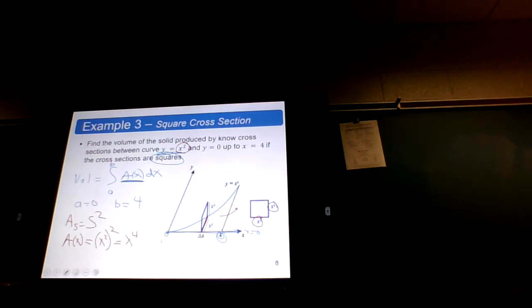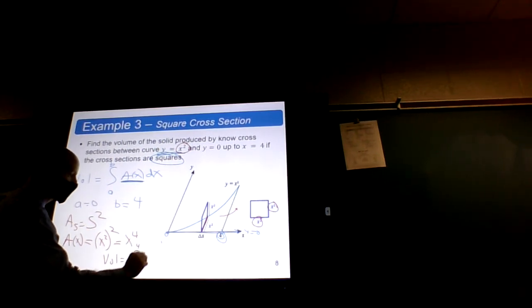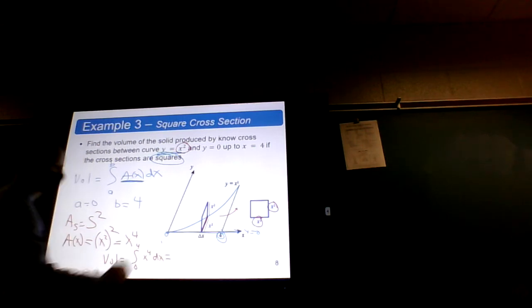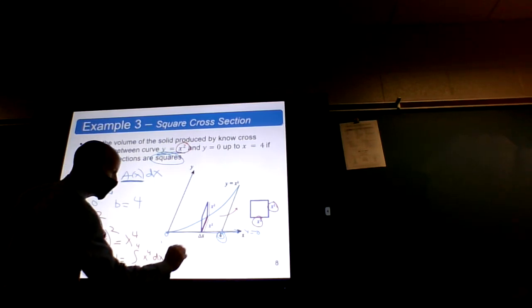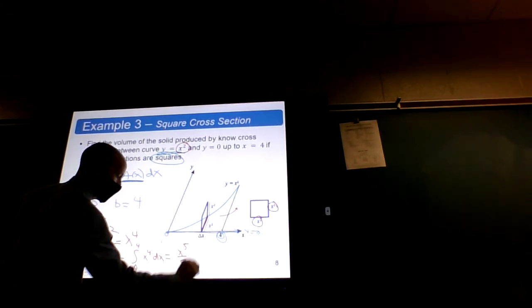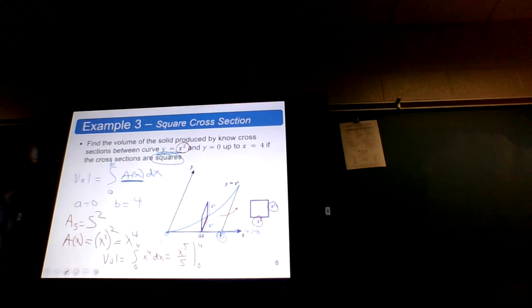And now we can solve this. The volume is going to be equal to the integral from 0 to 4 of x to the 4th dx. The antiderivative of x to the 4th is x to the 5th over 5, and we need to evaluate that from 0 to 4. Of course, when we plug in 0, we get 0.